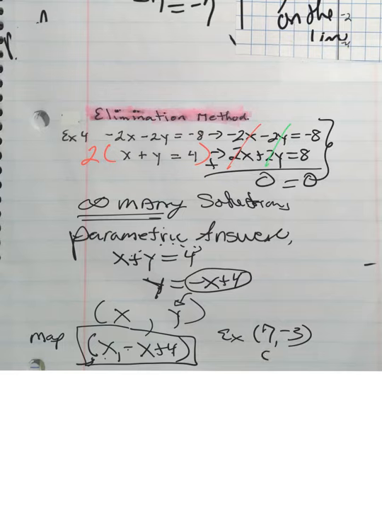If I picked 0, then negative 0 plus 4, so 0, 4 would work for both equations, right? So that's the map that would give us solutions, and you would just provide me the map, the parametric answer. And there are two answers. You only have to provide me with one of them.